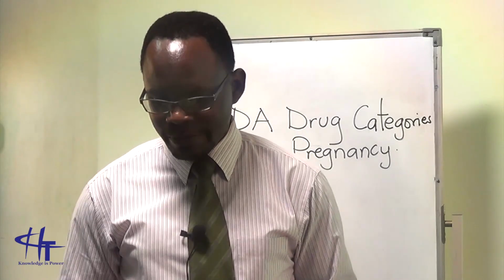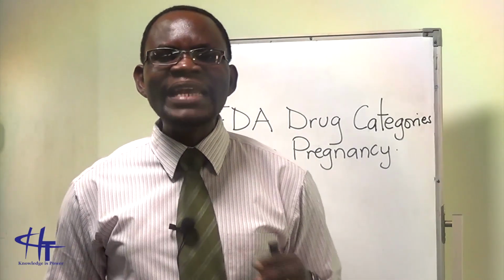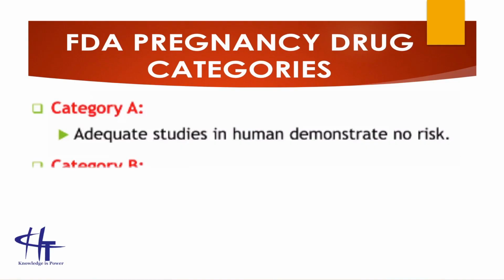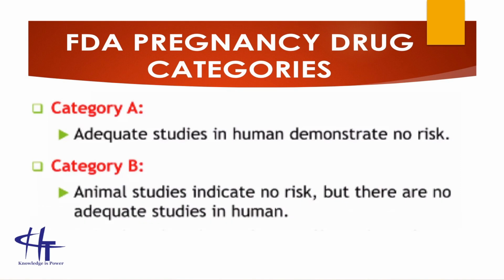Now, there is another category called category B. In category B, animal studies have been done, however, they have indicated no risk. But in humans, there are no adequate studies that have demonstrated whether there is or there is no risk.